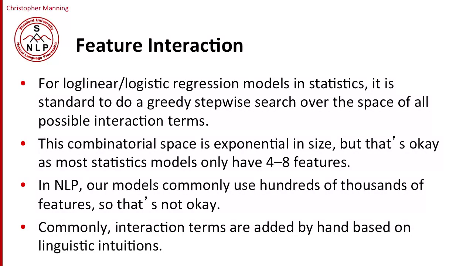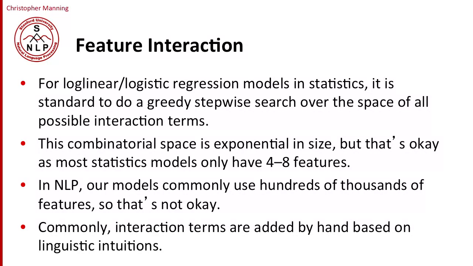You don't evaluate every possible subset of features, because that number of possible subsets of features is exponential, but you start with a null model and you one by one add in the feature that is the most useful out of all of the features that aren't yet in the model until you find a good model. That works reasonably well in traditional statistics cases where you have maybe 10 or 20 features.